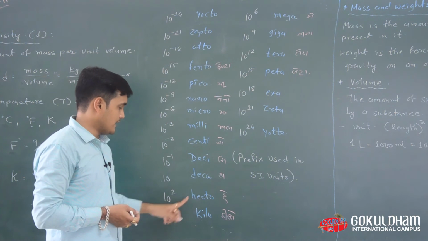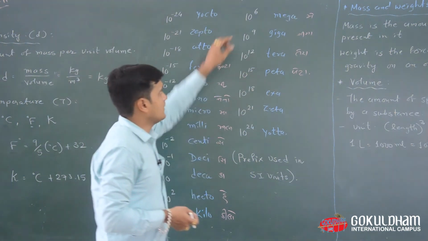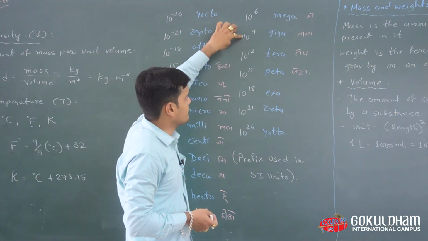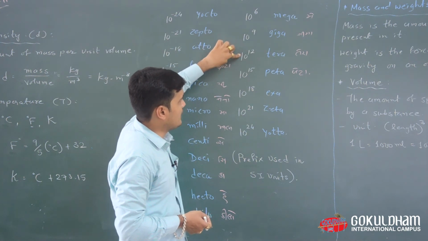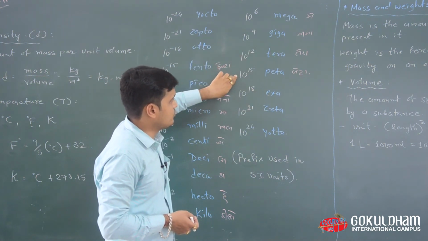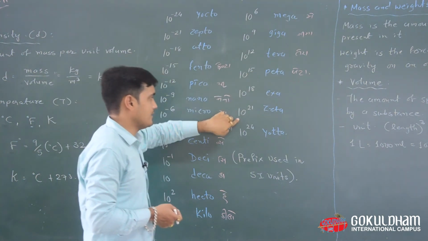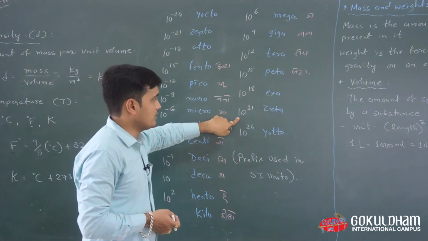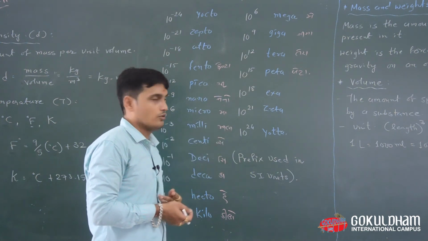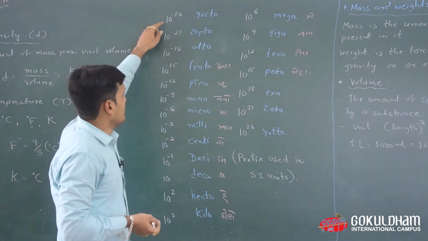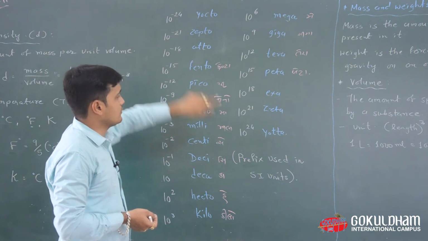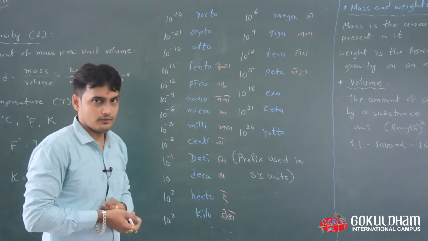10 raised to 2 Hecto, 10 raised to 3 Kilo, 10 raised to 6 Mega, 10 raised to 9 Giga, 10 raised to 12 Tera, 10 raised to 15 Peta, 10 raised to 18 Exa, 10 raised to 21 Zetta, and 10 raised to 24 Yotta. Minus 24 to plus 24.